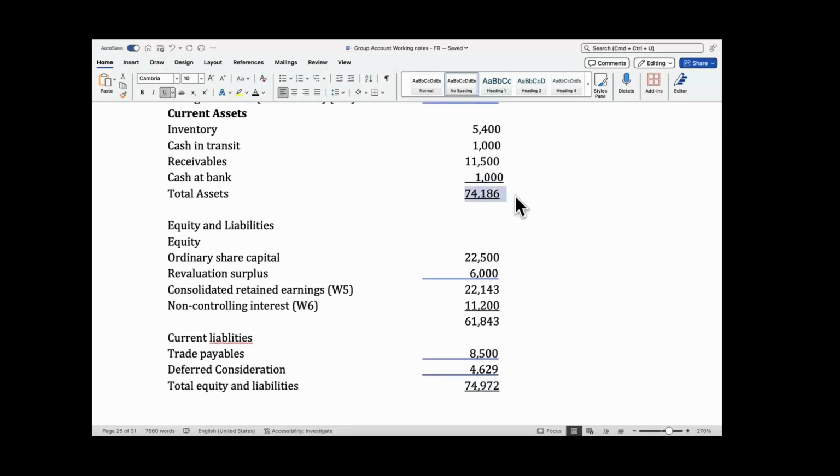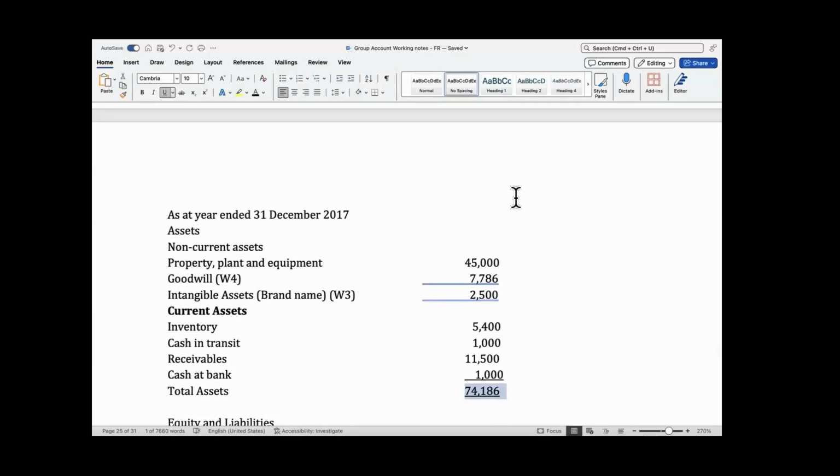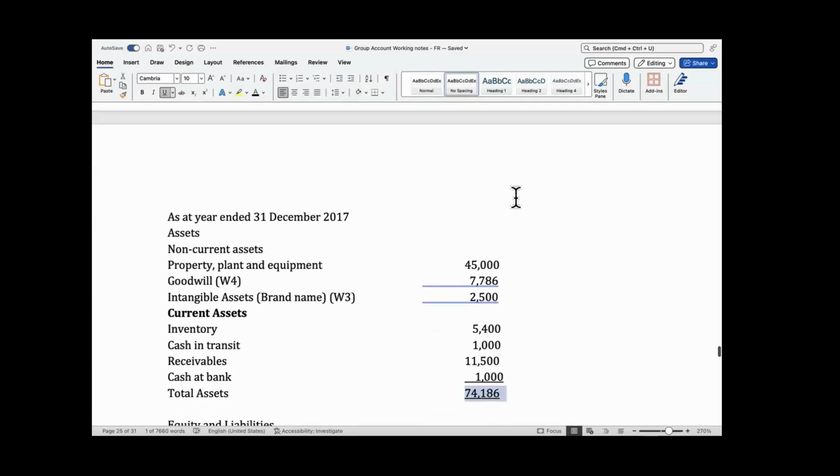So why are we having 74,186 here? I think that finance cost, is it supposed to be added to the retained earnings or subtracted?